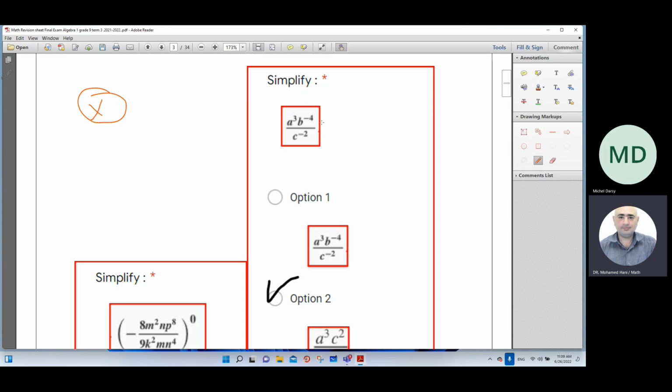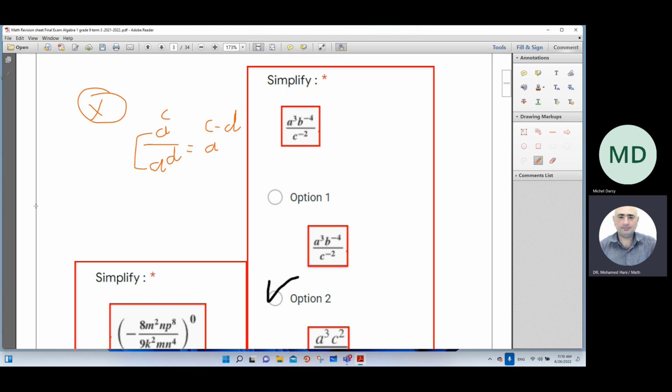Simplify. As you remember, we have the rule: if you have a to the power c over a to the power d, the rule said write the same base, then write c minus d.